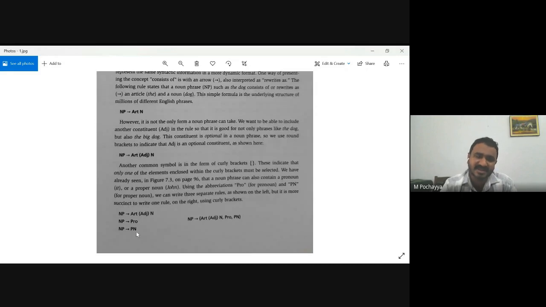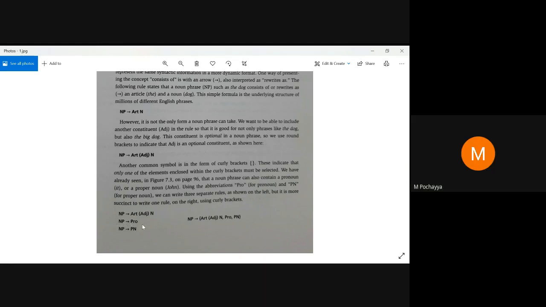Sometimes instead of a proper noun, in the place of subject, we may find a pronoun. That's why under noun phrase we can put this pronoun, or we can consider the pronoun as noun phrase.